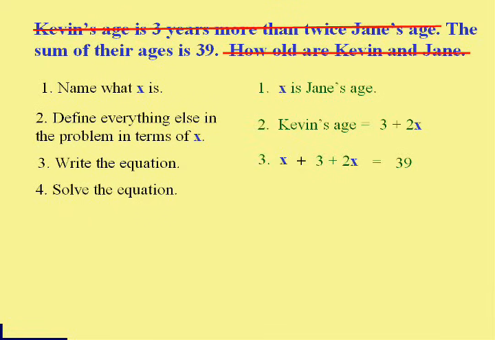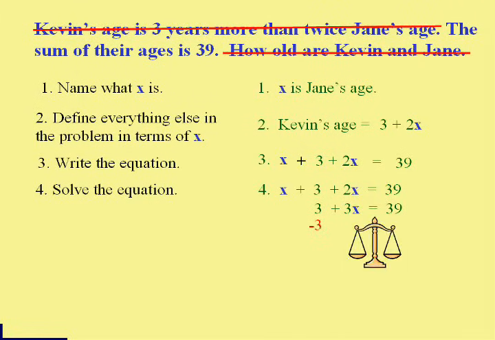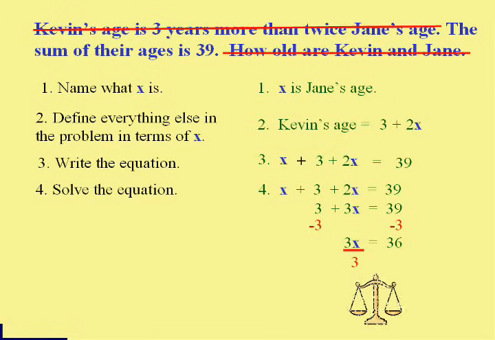Now let's solve it. Well, I have 2 x's on the same side, so I'll combine them. And then I'll get the x alone by, in this case, subtracting a 3 from both sides and then dividing by 3 on both sides, and I get x is 12.